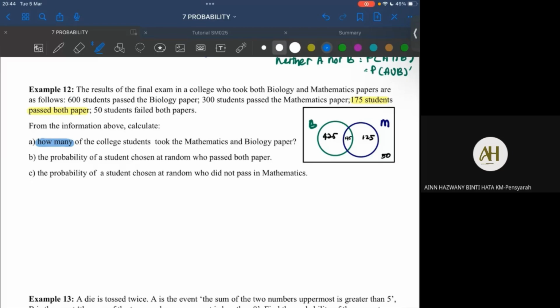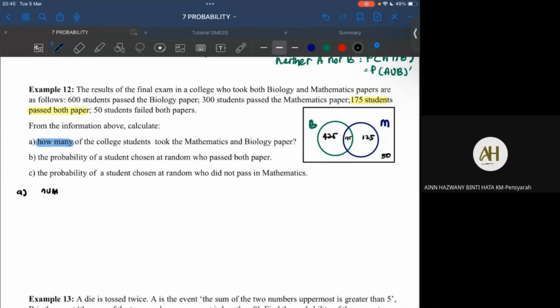Dia bukan probability-nya. So question A. Number of student who took maths and biology ialah kesemua orang dekat situ lah. So that will be 400. Macam mana nak tulis ni?